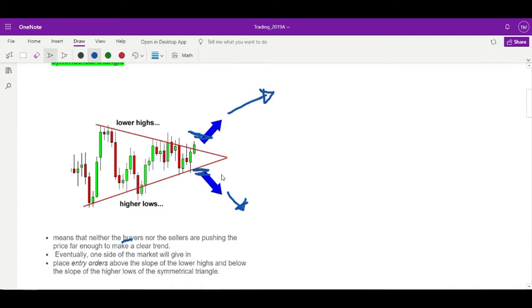Place an order on this side and this side. If the first entry order is hit and the price starts to go in this direction, you cancel your order on the other side. If it is this one, you cancel, and you will not get charged commission or so forth.